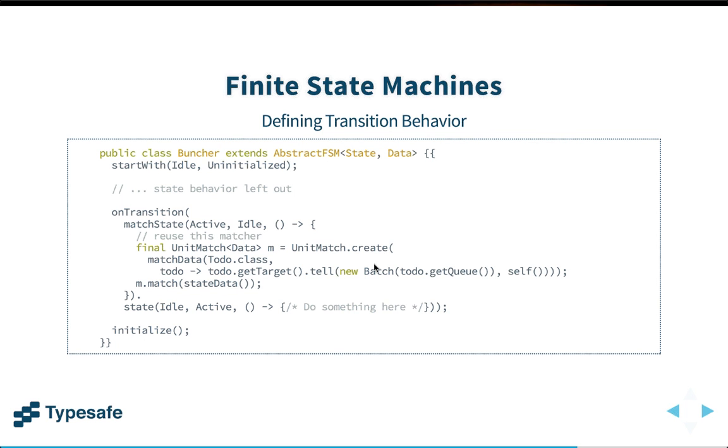When we get the data, we will send a new batch of the queue to whoever is the target. So that's a small example of using the finite state machine to transition between a couple of states and doing something on the transitions.